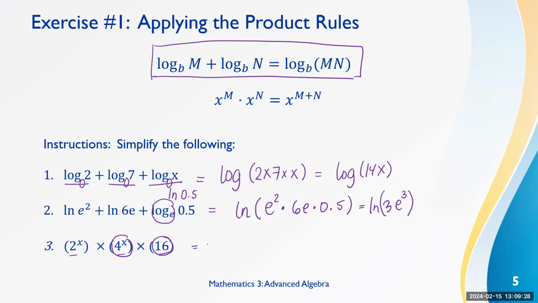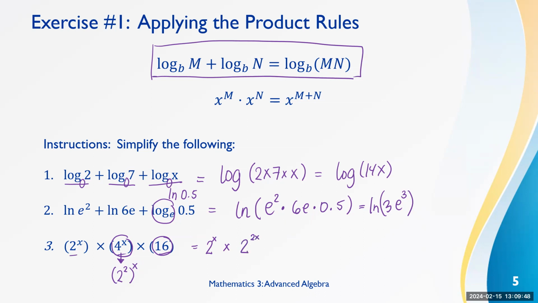We can write the first term as 2 raised to x. For the second term, 4 is 2 raised to 2, so I have 2 raised to 2 raised to the variable x, which is 2 raised to 2x.